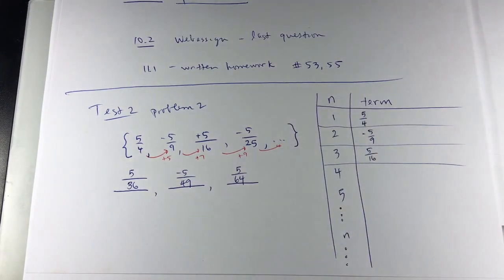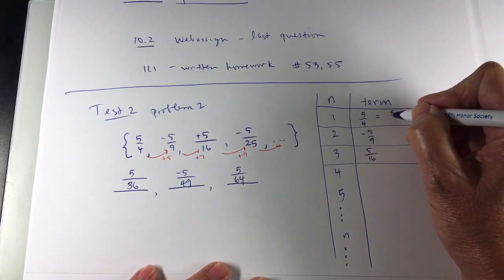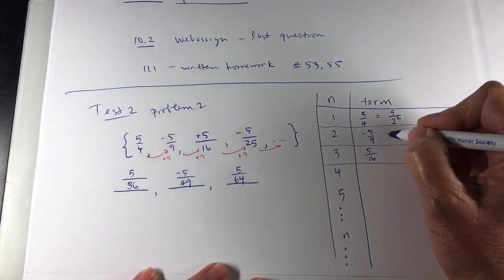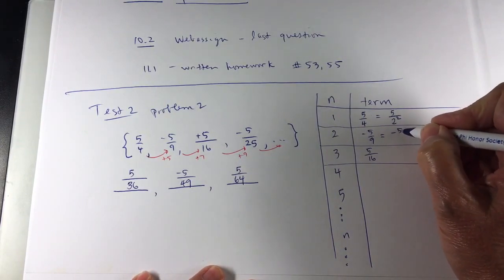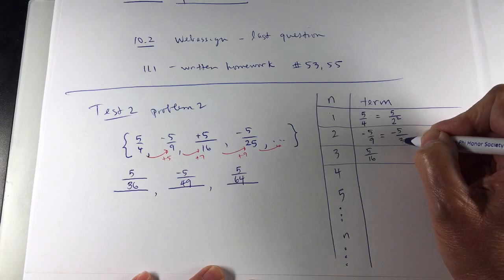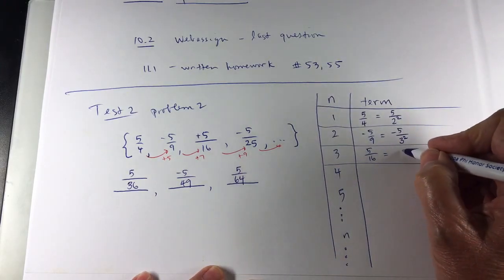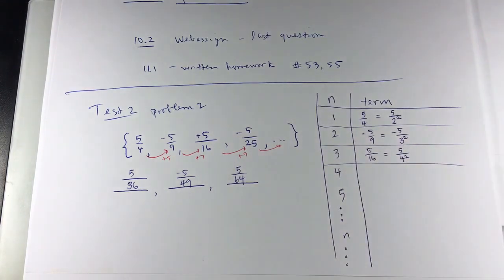And I want to look for some relationship between what's happening with the term and the term number. The first one I'm going to write 5 over 2 squared. So that's negative 5 over 3 squared. The third one was positive 5 over 4 squared.